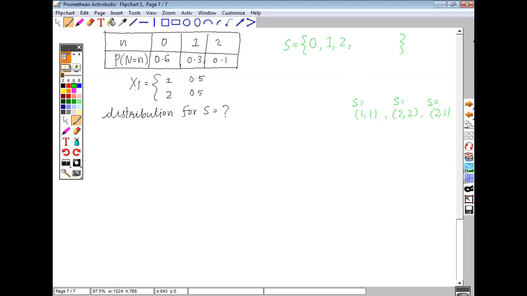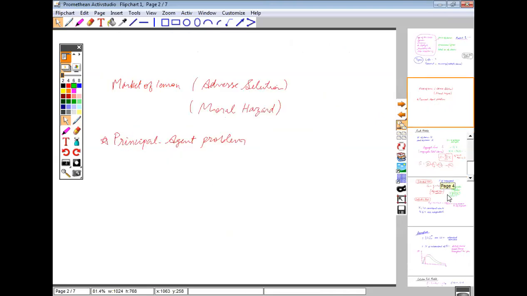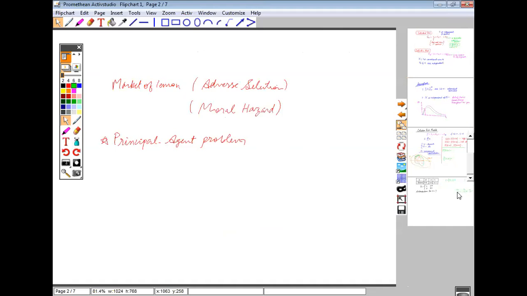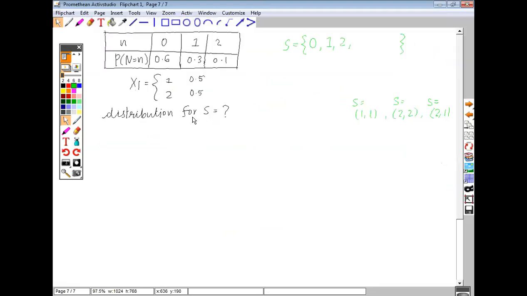What do you think my S will be in all of these cases?